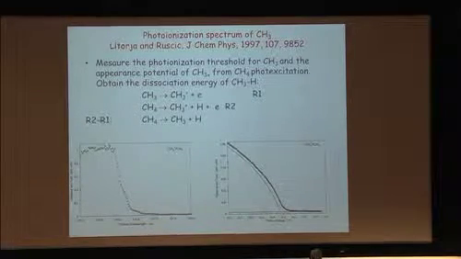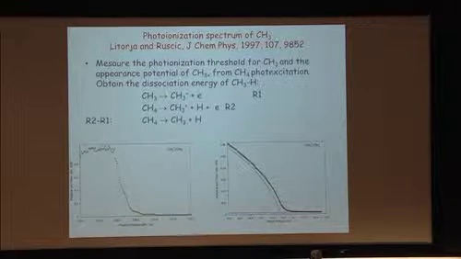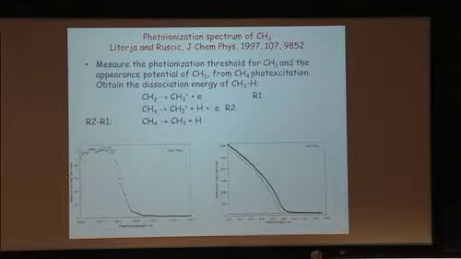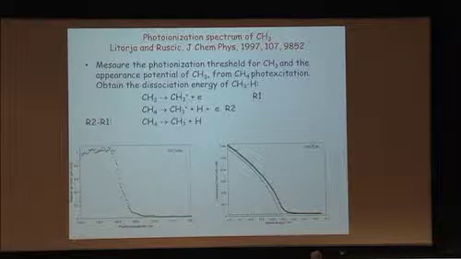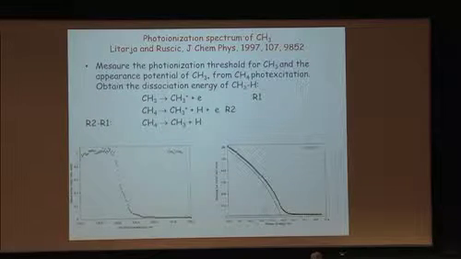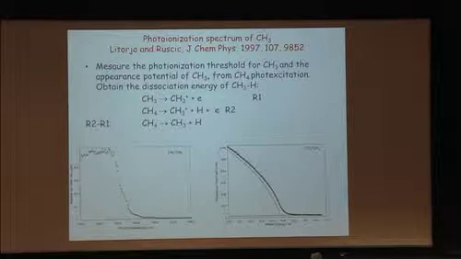And if you take one minus the other, then that corresponds to CH4 going to CH3 plus H. And so you get the enthalpy of reaction for that, and hence, knowing the enthalpy of formation of CH4 and H, you can get the enthalpy of formation of the methyl radical.